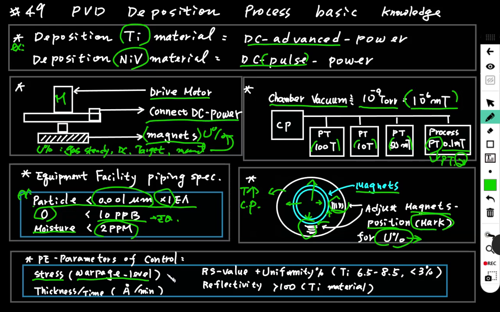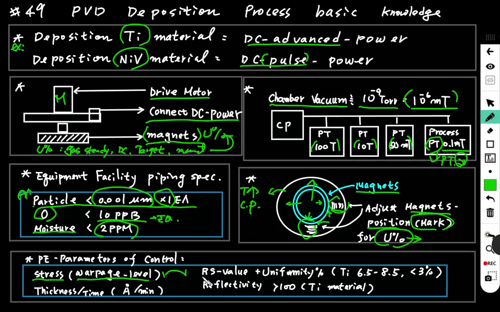Anyway, we don't like to see the wafer warpage too serious. And the thickness per time, the deposition speed. The unit most likely is how many angstroms per minute. It's the deposition speed.